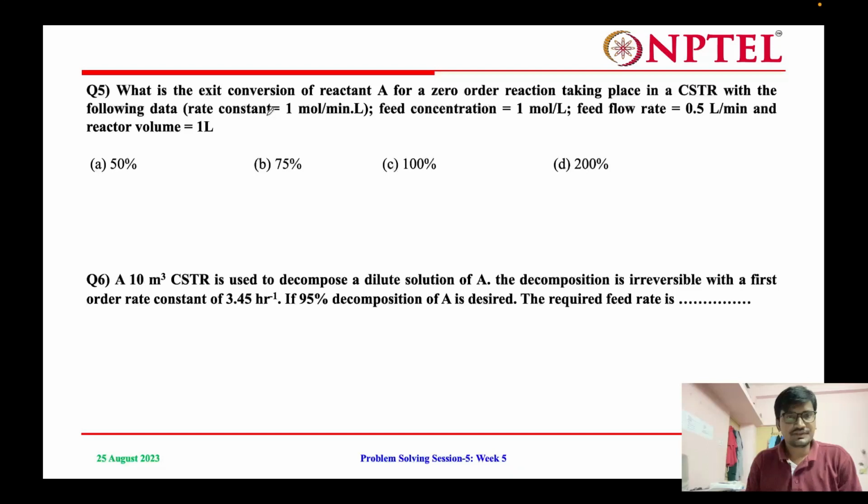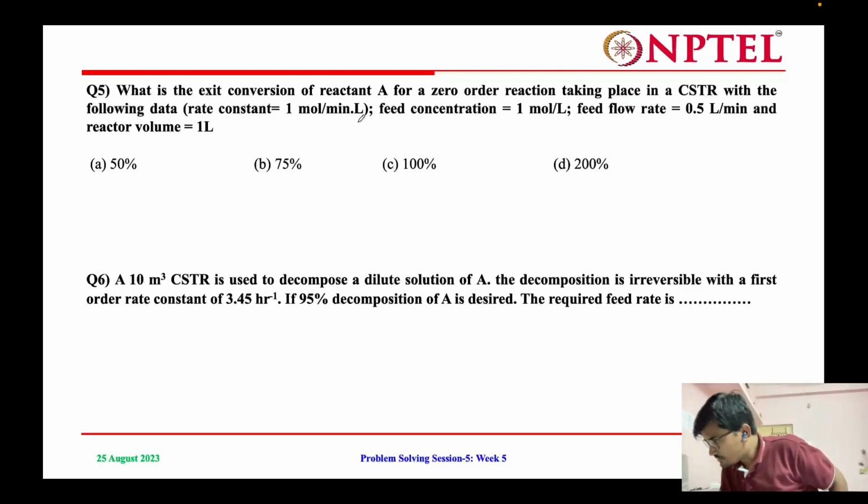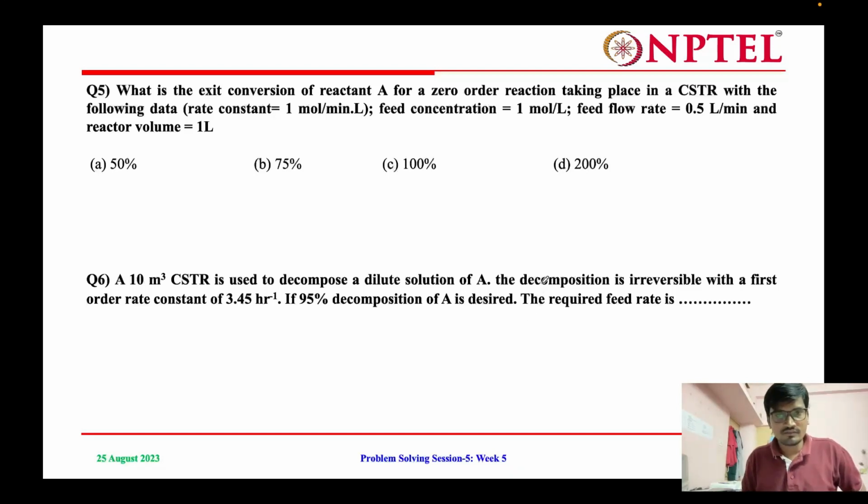Question 5: What is the exit conversion of reactant A for a zero order reaction taking place in a CSTR with the following data? Rate constant is 1 mole per minute per liter, feed concentration is 1 mole per liter, feed flow rate is 0.5 liter per minute, and reactor volume is 1 liter. You have to calculate the exit conversion of reactant A. Here it is mentioned zero order reaction, CSTR.